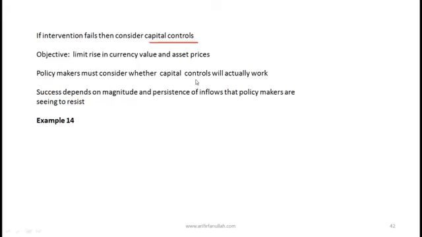And evidence suggests that the success of capital controls depends on the magnitude and persistence of inflows. So if the capital inflows have a very large magnitude or they are persistent over a relatively long period of time, then capital controls generally do not work. So with these core points, you now need to do example 14 from the curriculum.